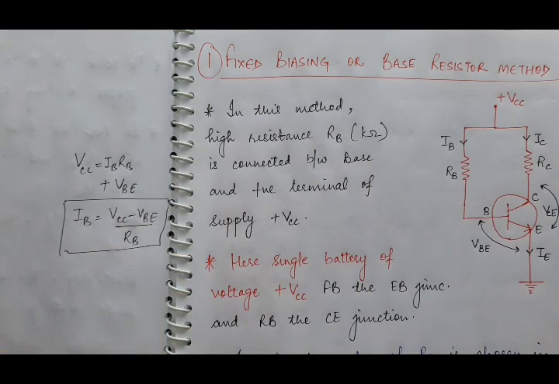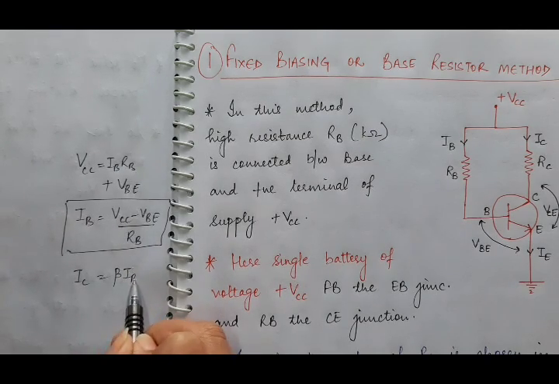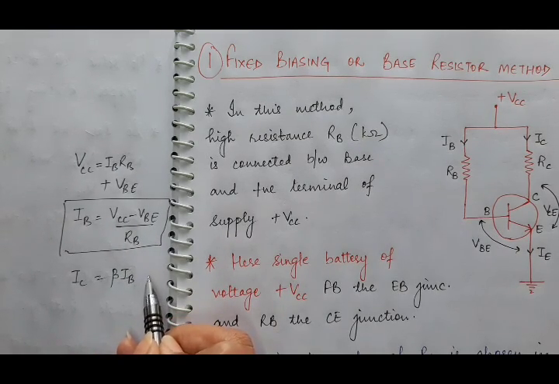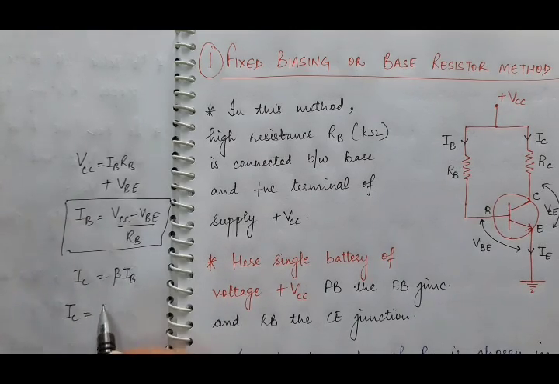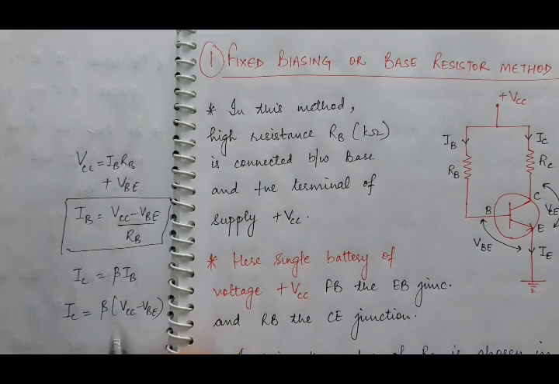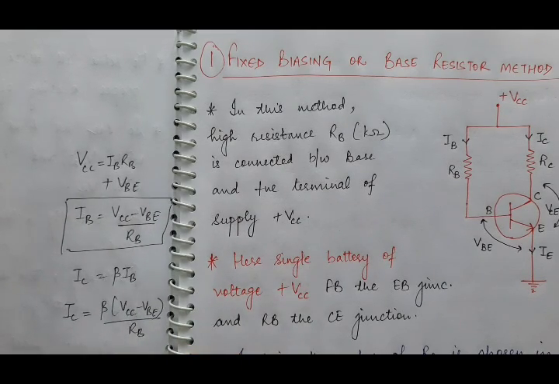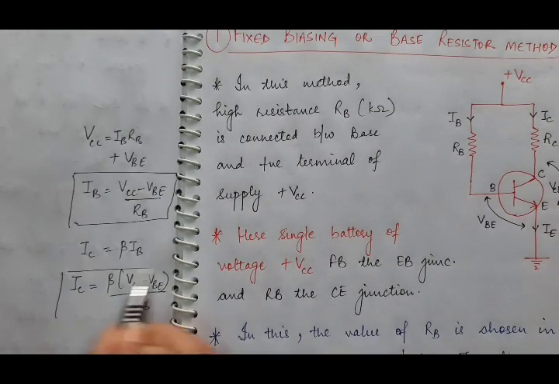From this IB, calculate IC, which was beta IB plus ICEO, but that leakage current is very small compared to beta IB, so we have neglected it. So IC is beta times (VCC minus VBE) upon RB. This is the value of the collector current.